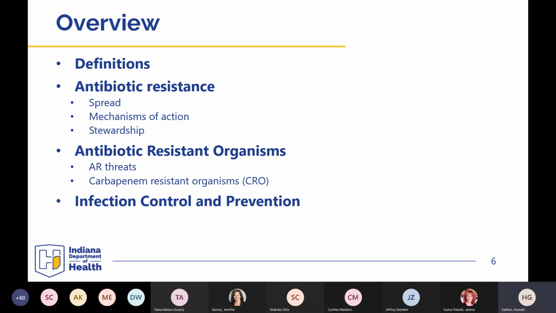We also will talk about antibiotic resistance, antibiotic resistant organisms, and then different infection control and prevention strategies that you can take at your facility. And again, at the end, we will be able to answer any questions that you may have.